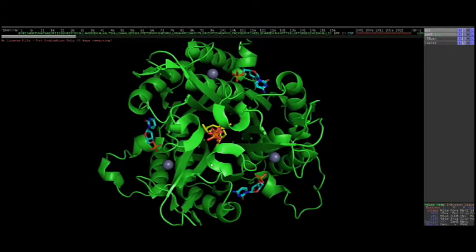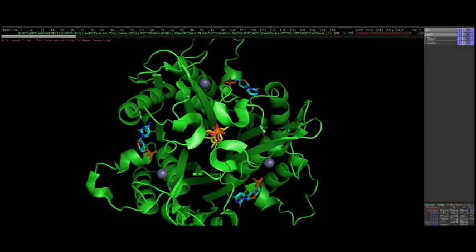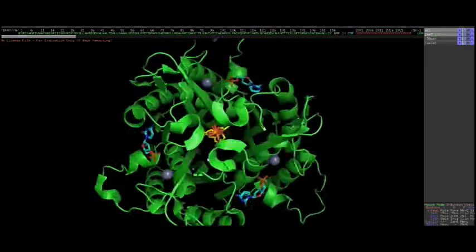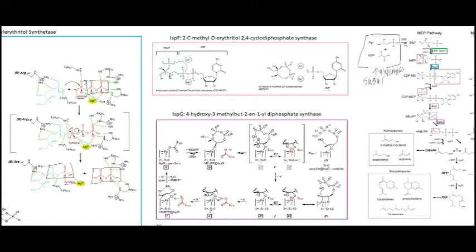And so that's kind of interesting that you can see where this allosteric inhibition is going on in this IspF protein here. So yeah, like I said, the mechanism is just this cyclizing of the protein, or of the substrate rather.